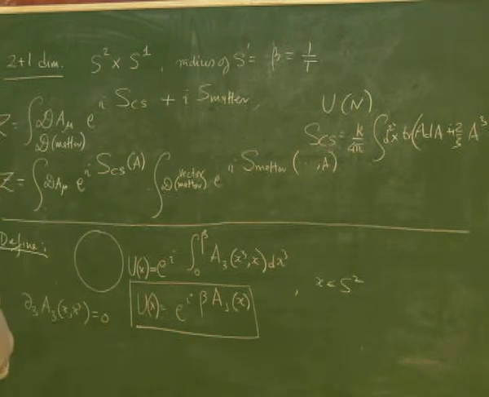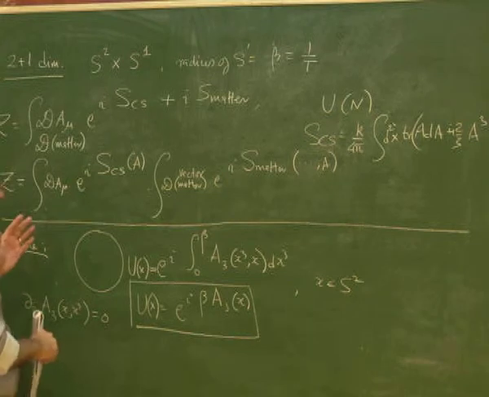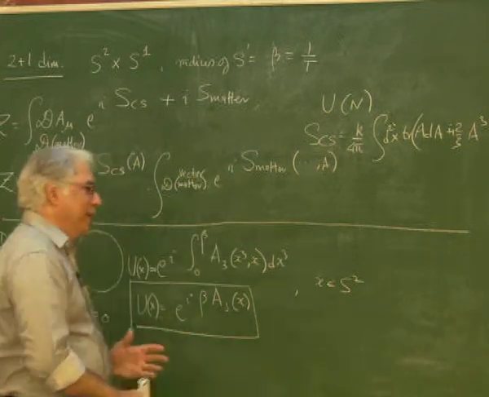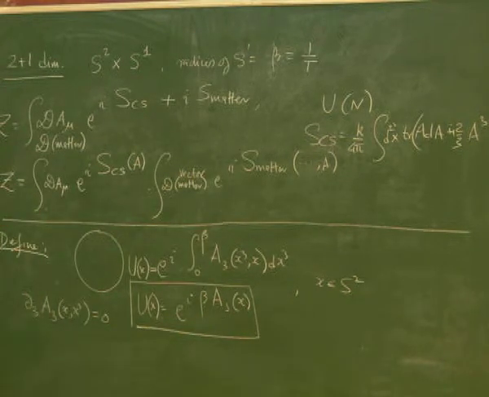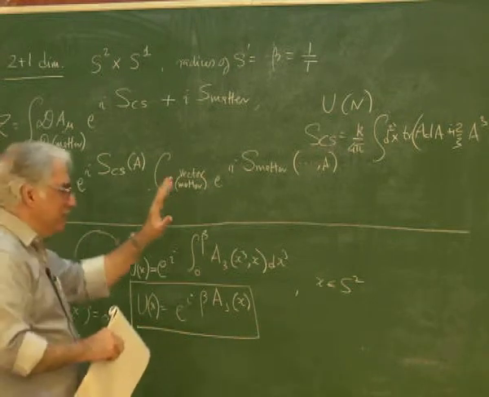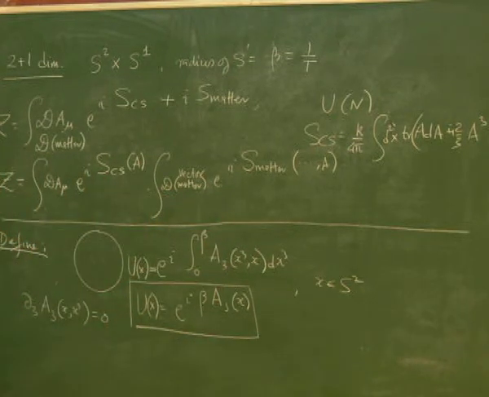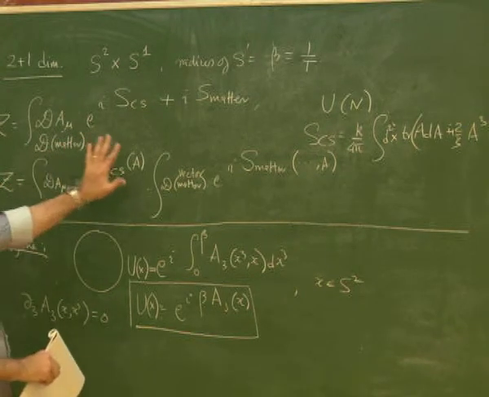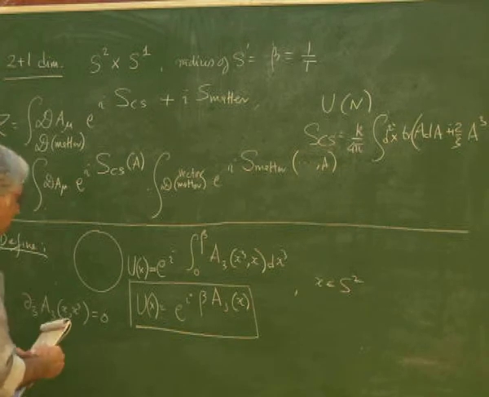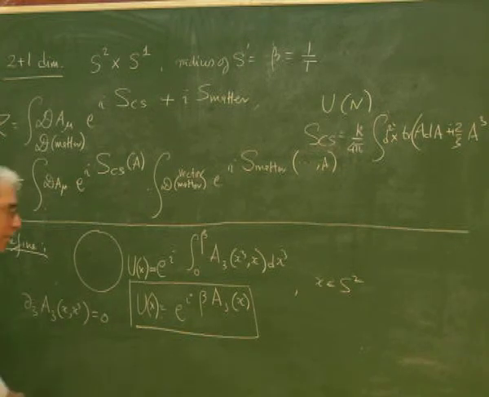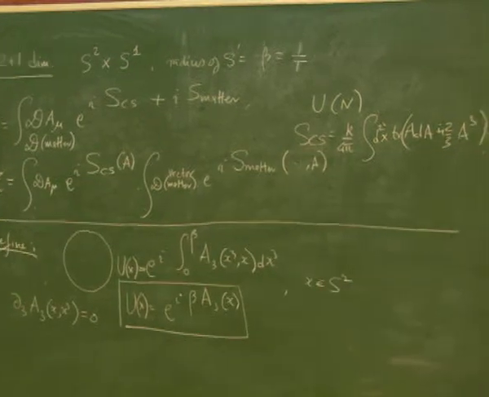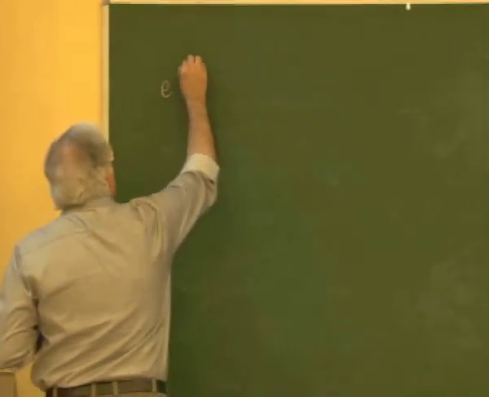There is a lot of understanding about how these different measures interplay in various dimensions, but I will only use it to make a little estimate that this part of the path integral will go as something like exponential of n square.